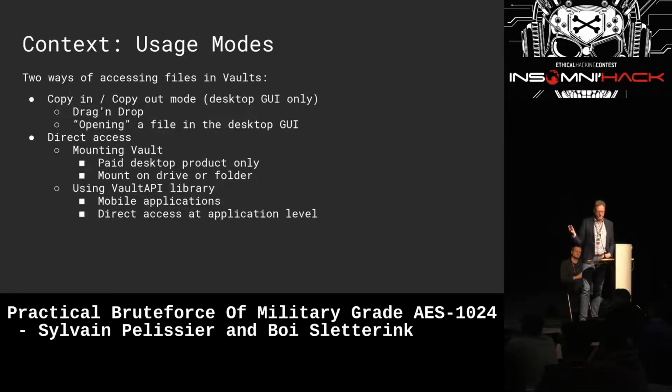Similarly, the mobile applications, they use the Vault API, and that basically also has direct random access to the files. And they also actually use that. Because what you can do now is you can open a file, but only read a small bit, or write a small bit of the file, and then close it again. And you only have to encrypt and decrypt the bits that you're reading or writing.